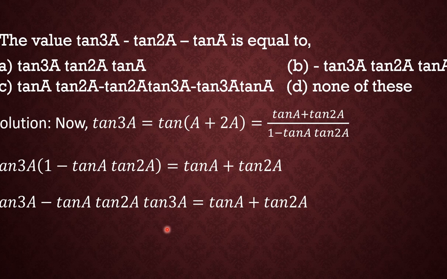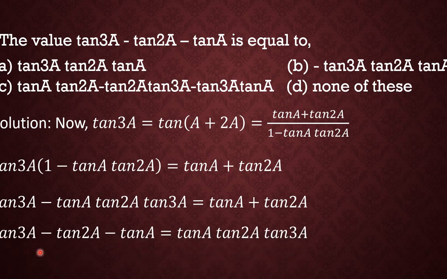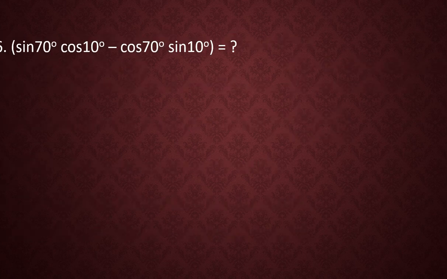So that is tan 3a minus tan 2a minus tan a. I will take these two terms to the left hand side and the remaining to the right hand side. So you will get tan a into tan 2a into tan 3a. So that is option A here. If you know the basic formulas of trigonometric functions, we can solve such problems.